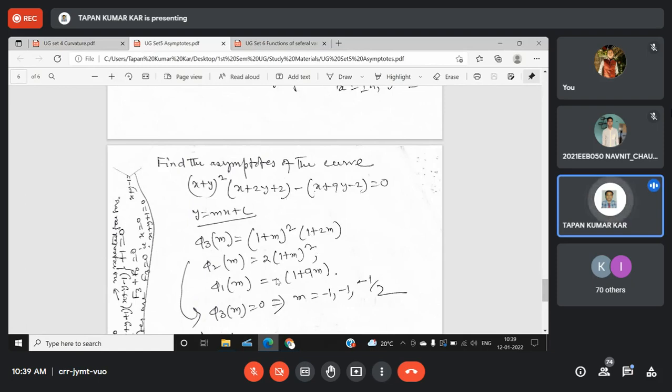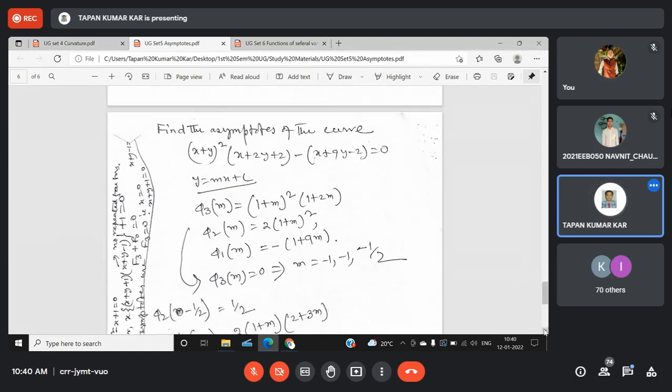So phi 2m equal to 2 into 1 plus m whole square. Phi 1m equal to minus 1 plus 9m. And phi 3m equal to 0 gives m equal to minus 1, minus 1, minus half.